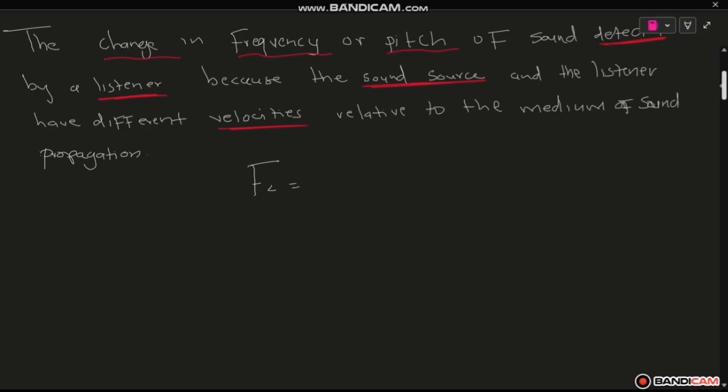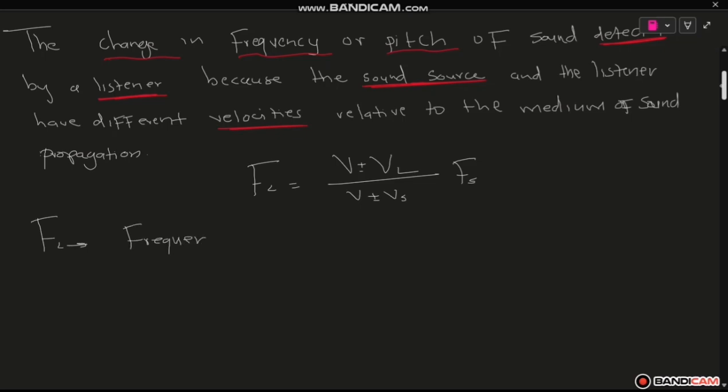So mathematically, it has this formula: FL equals (V plus or minus VL) over (V plus or minus Vs), multiplied by Fs. So this is the formula for Doppler effect. Whenever they ask you to calculate, this is the formula that you use.